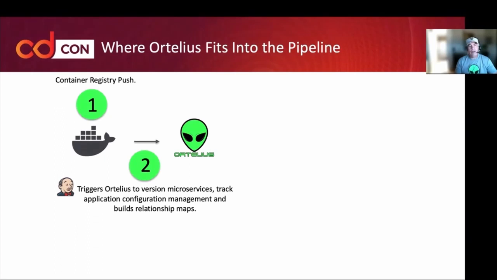Once that's complete, Ortelius is going to step in here and gather information about that service that was just created. Some of the things that we're going to track are the git commit, the branch, the repo, also where this image was pushed to, which container registry, what was the tag, what was the SHA. Those types of things are what we need to know at this level of the pipeline.